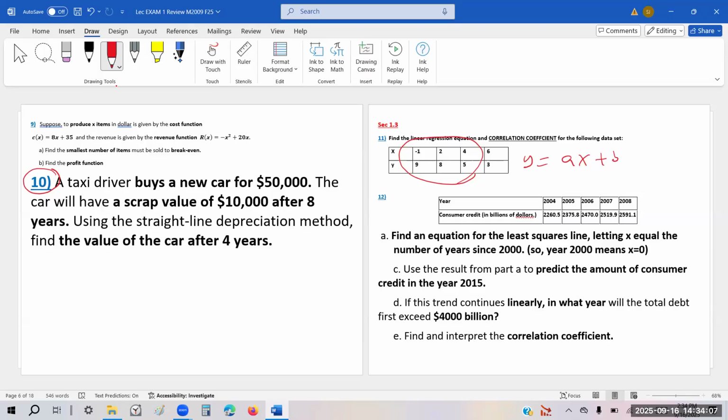For example, find the equation of the least square line, which means line of best fit, and then predict some amount based on the equation.